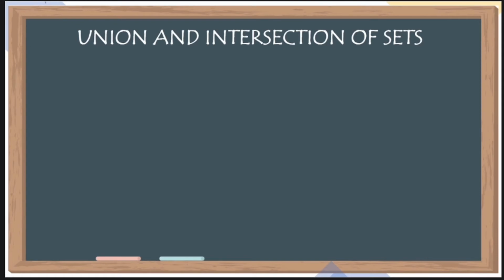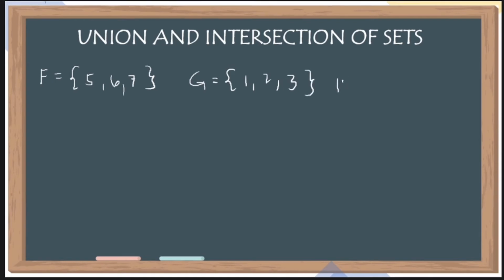Okay? Now, let's have another one. Let's say we have 3 sets. Set F, the elements of set F are 5, 6, 7. And let's have another set. Let's say set G. We have 1, 2, 3. And let's have set H. 6, 7, 8. Okay.